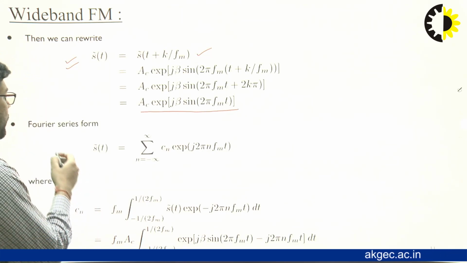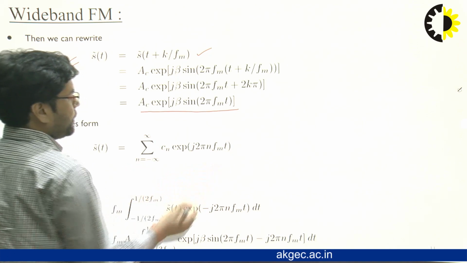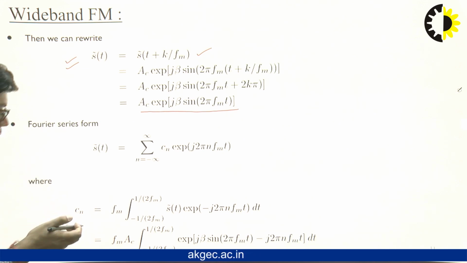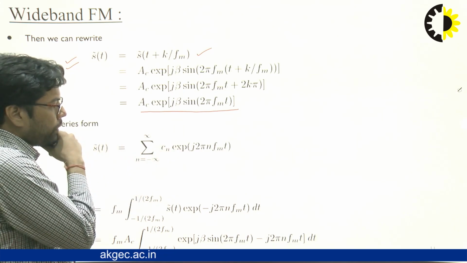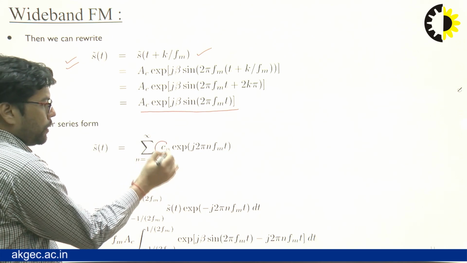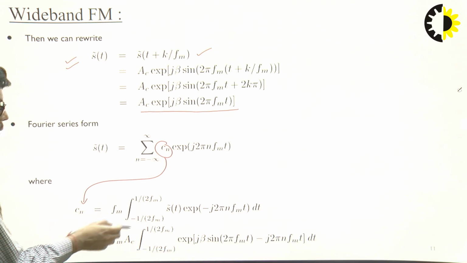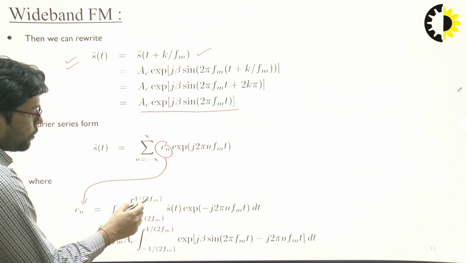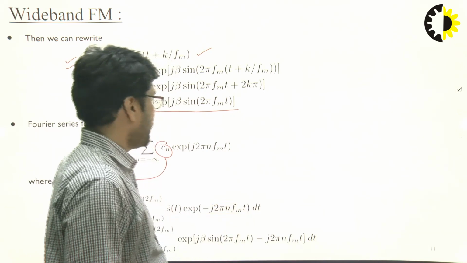So here we are representing the exponential Fourier series equation that you all are aware of. So this is a Fourier series coefficient. Here we have the Fourier series coefficient c_n is equal to, for one period of time Tm, from minus 1 upon 2 fm to 1 upon 2 fm, s bar t exponential of minus j 2 pi n fm t dt.